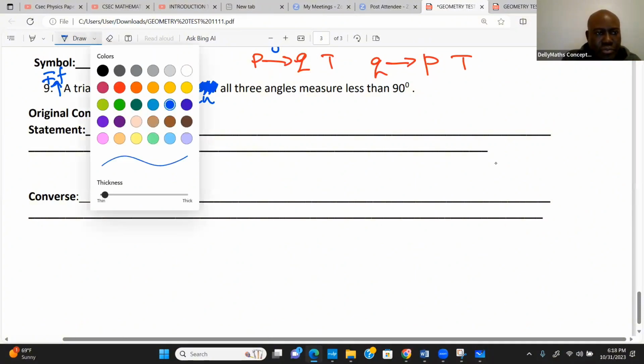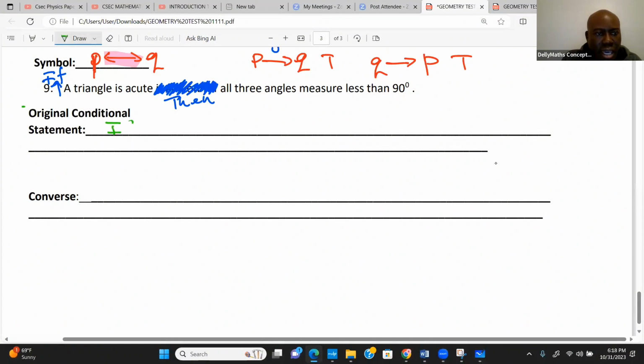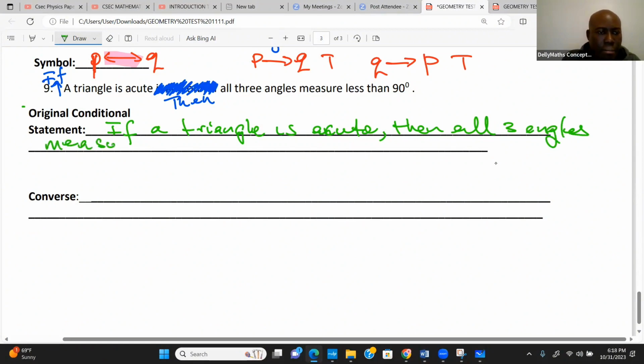Let's take a look. If a triangle is acute, then all 3 angles measure less than 90 degrees.